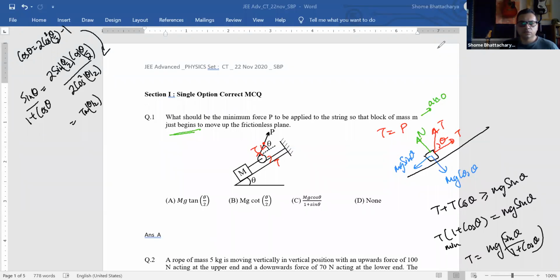Yes, if I include mu, then you have to include friction. And why the question becomes interesting, Tanishq, is friction depends on normal reaction, and normal reaction will also be affected by tension. So here you can see that normal reaction is equal to mg cos theta minus T sin theta. So further complication comes in. So that's why the question will become interesting. So you try it out. If required, you discuss with me.